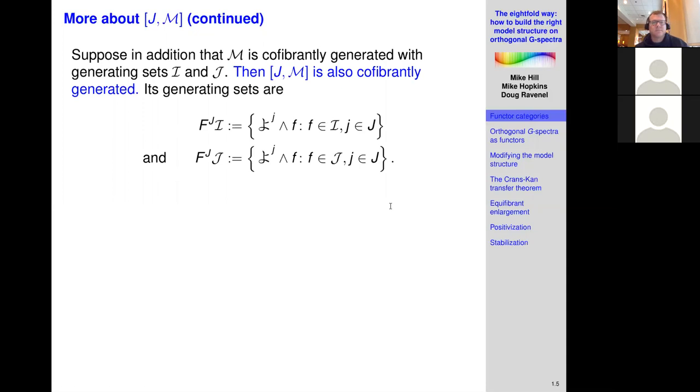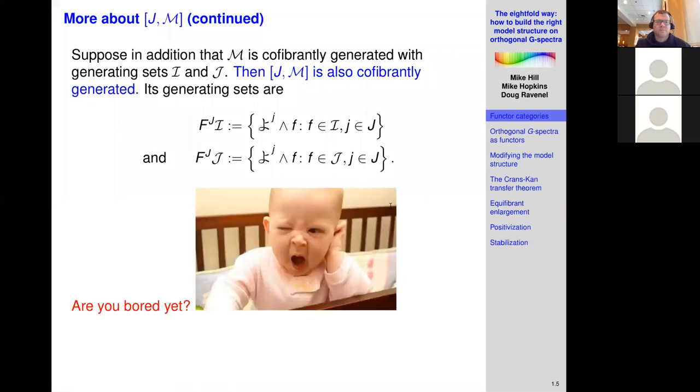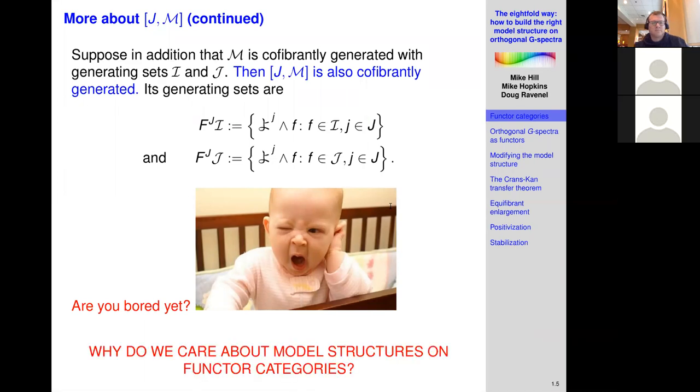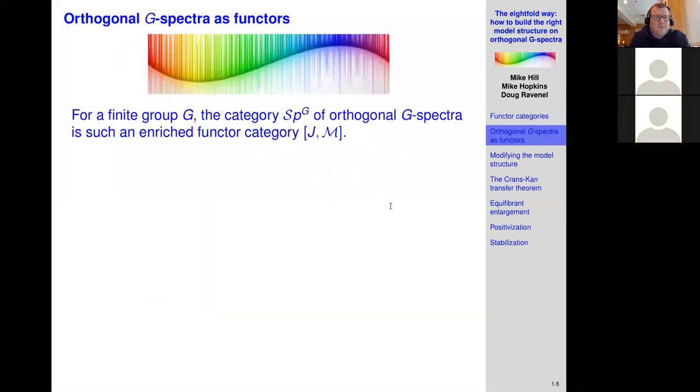Now I'm going to ask the question that we might ask our calculus students from time to time, which is this. You may wonder, why do we care about model structures on functor categories? The reason I care about model structures on functor categories is that the category of orthogonal G spectra is such a thing.